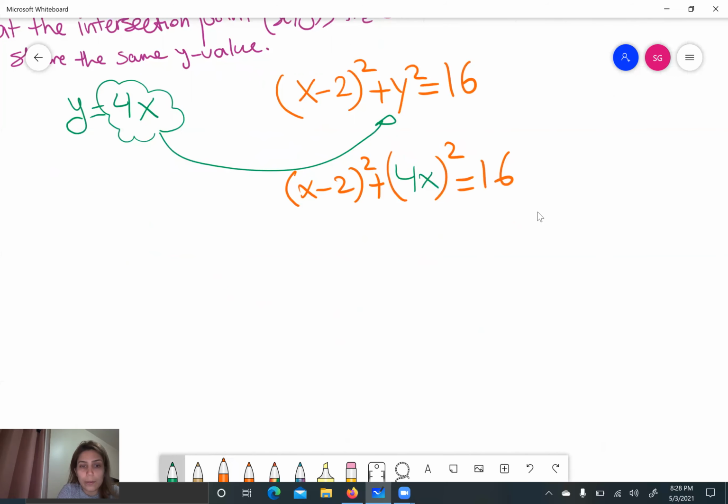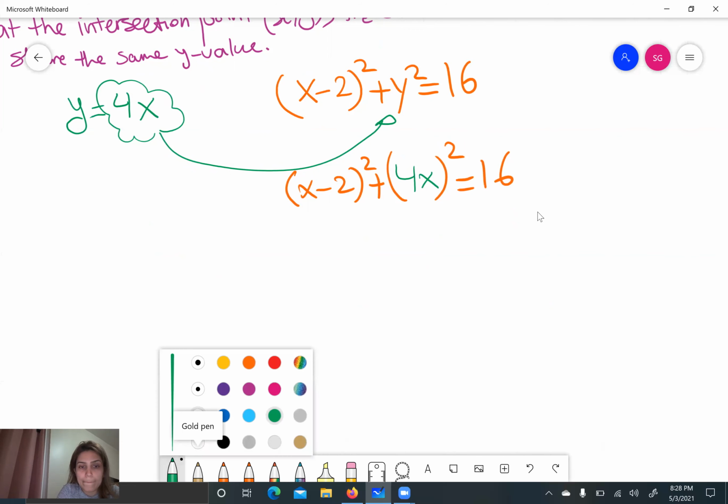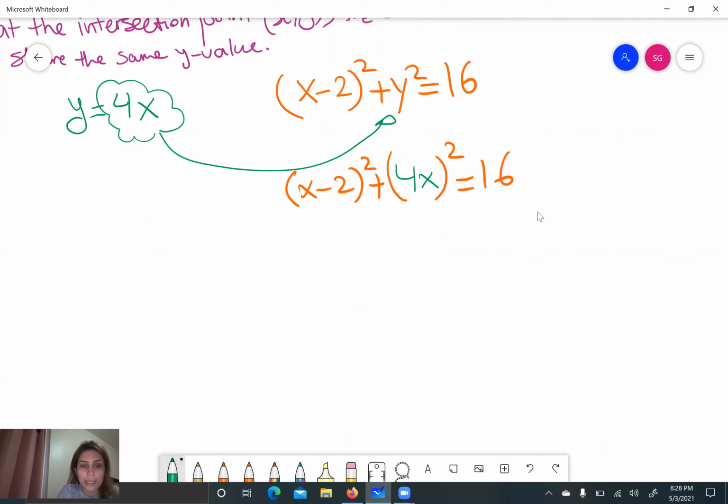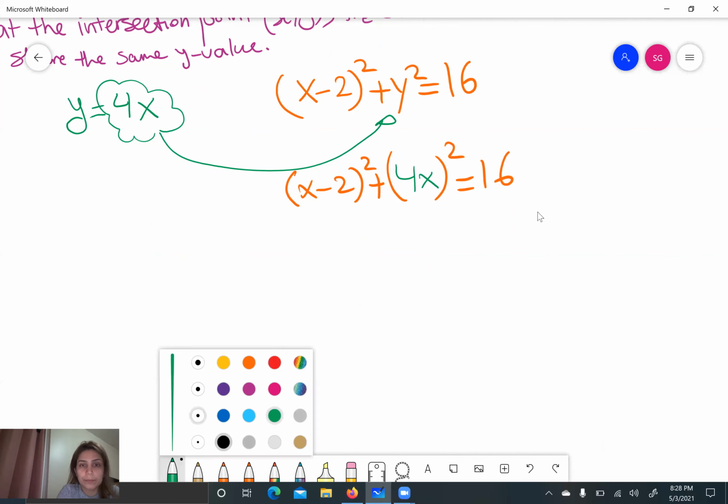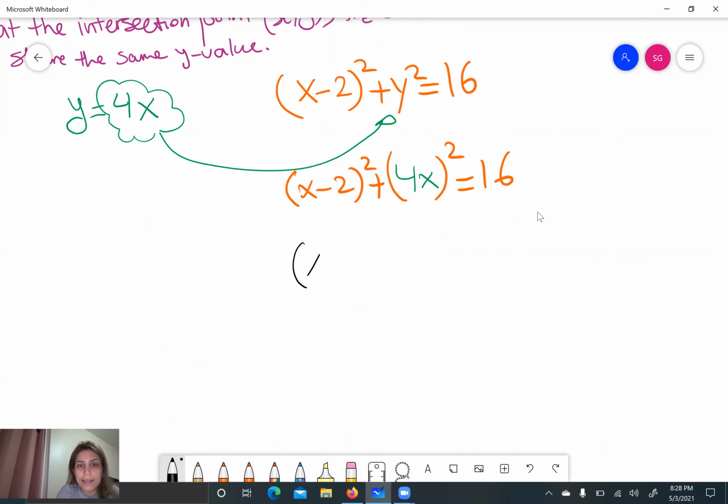Now let's solve this for x. It's going to be x minus 2 squared plus 4x squared. Because we want to solve it for x, let's simplify.